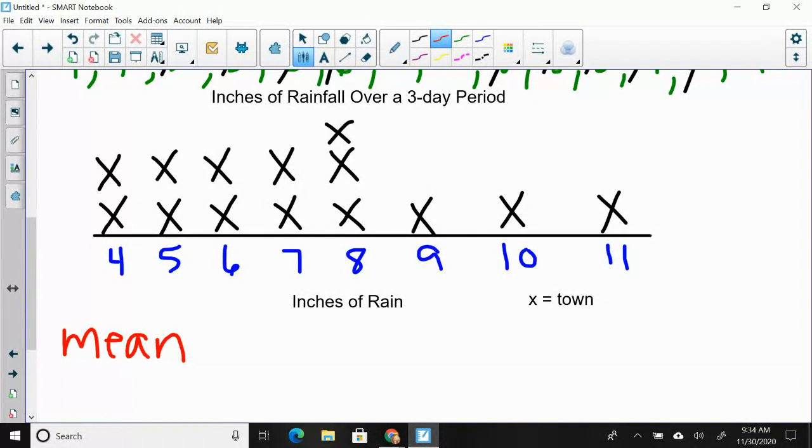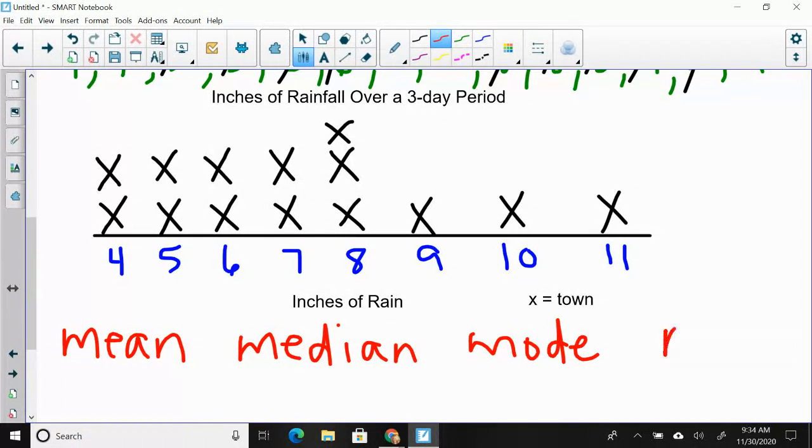So we have the mean, we have the median, we have the mode, and we have the range. We can figure out all of these things from this line plot, okay?